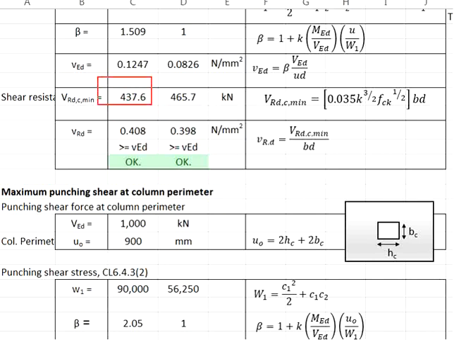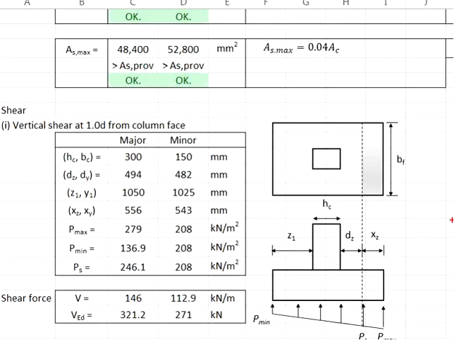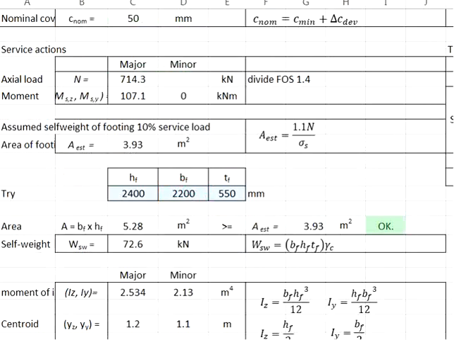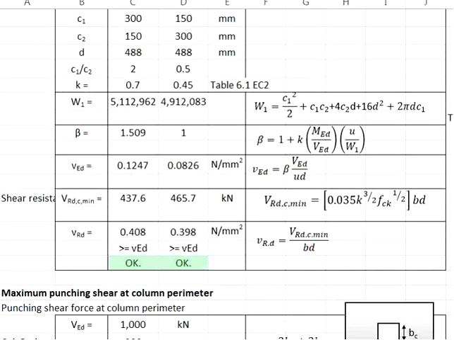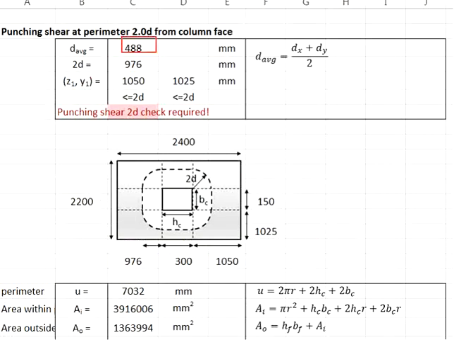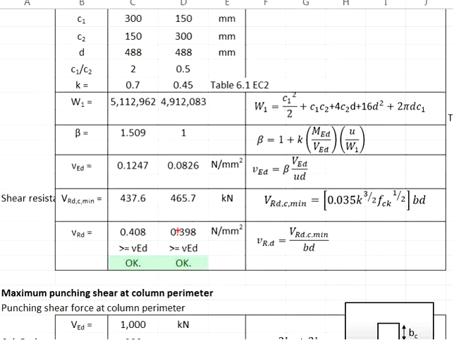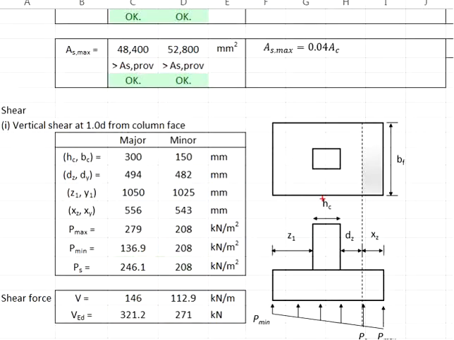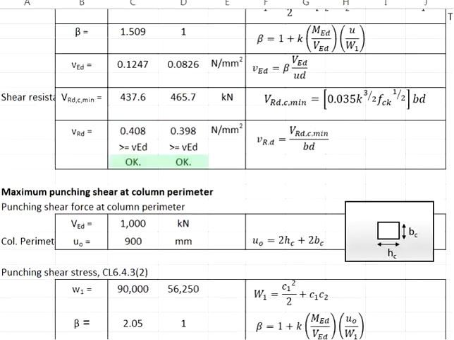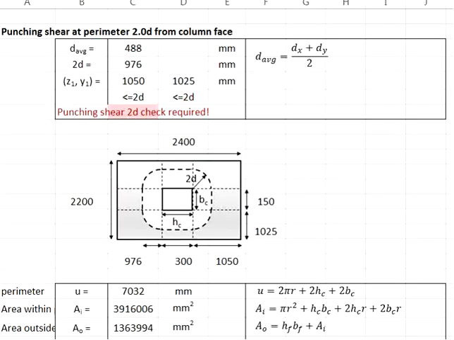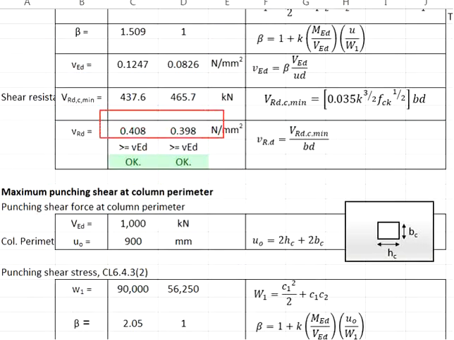You take the VRd,c mean from the major axis divided by this width, which is 2.2 meter, and also divided by the effective depth, which is 488 as the average. Now, if you want to determine the VRd in the minor axis, take the VRd,c in the minor axis divided by this width, which is 2.4 meter, and also divided by the effective depth, which is 488 mm. That gives you the shear resistance stress here.